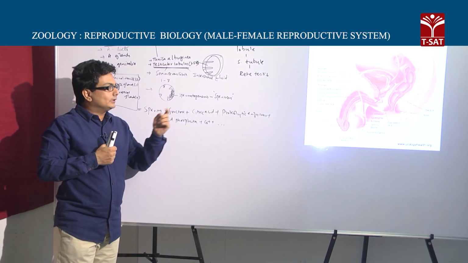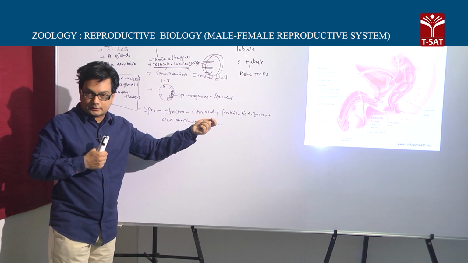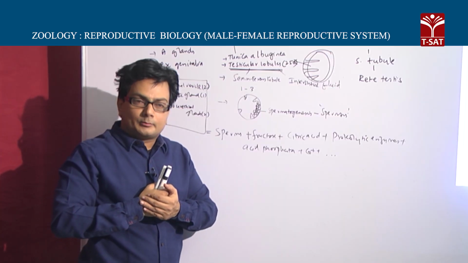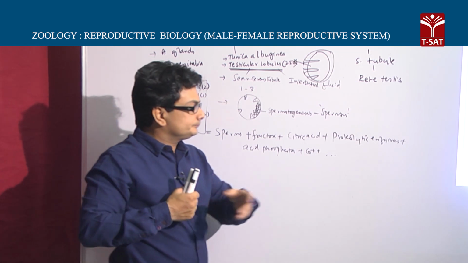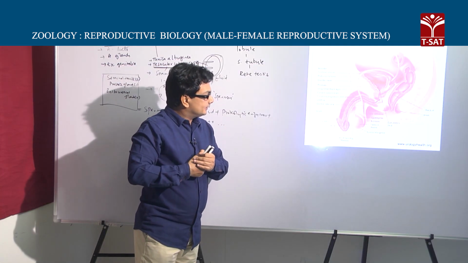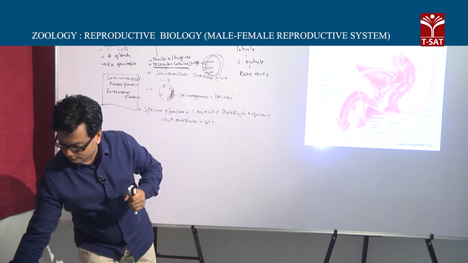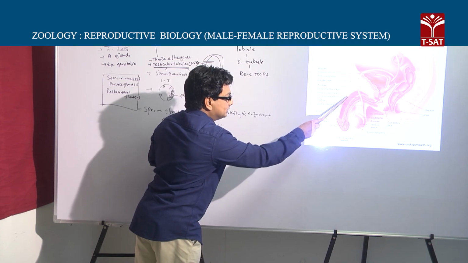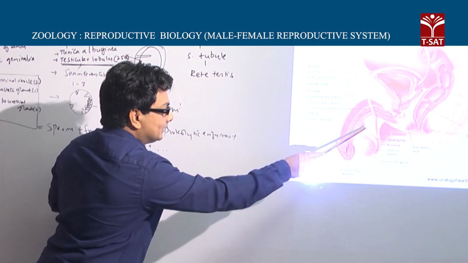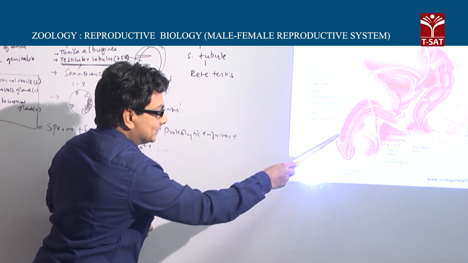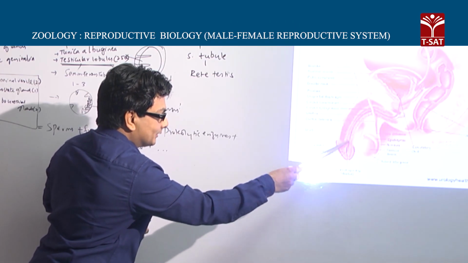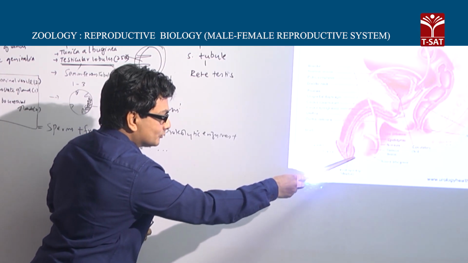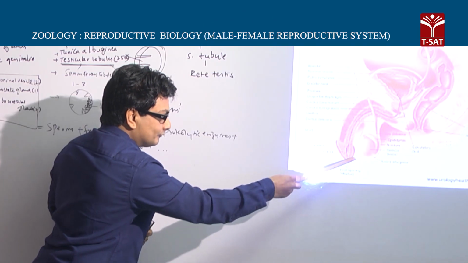Let's see the picture here to understand the basic structure of the intromittent organ called the penis. The penis is an external part of the external genitalia, and this is the skin which is present on the penis, and at the tip of the penis, we call this the prepuce, sometimes called the foreskin.